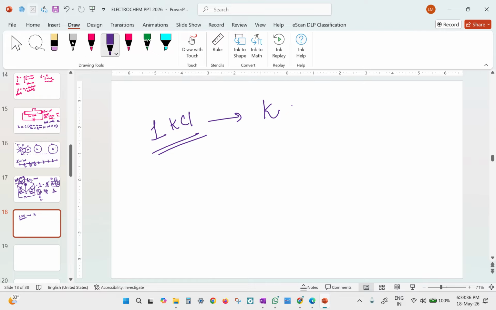The conductance of the solution placed between electrodes at 1 unit distance, the area of cross section being 1 unit square. So the conductivity depends upon the ions, correct? And these ions should not decrease or increase in concentration. I want the conductivity value of the ions offered by 1 M KCl.